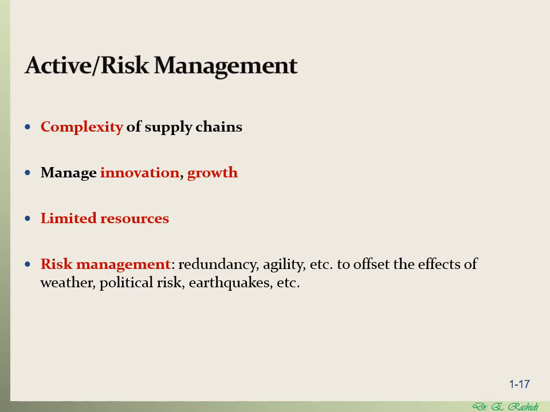This makes the whole organization susceptible to economic, political, or any other conditions in any of those locations, whether natural weather conditions or whatever else. Any threat to that part of the supply chain is going to be a threat to the whole organization. Because of this complexity, this is a risk that needs to be managed, which wasn't an issue 100 years ago because we didn't have these complex supply chains back then.